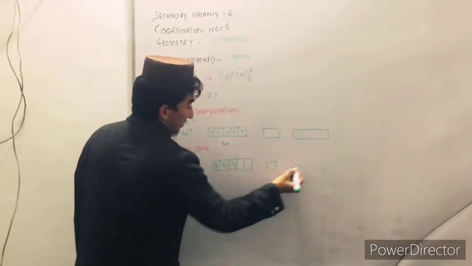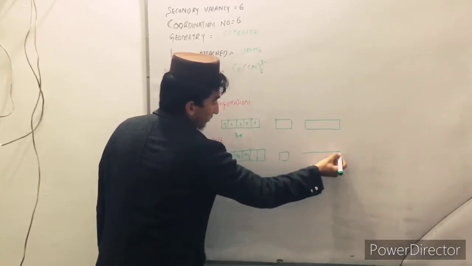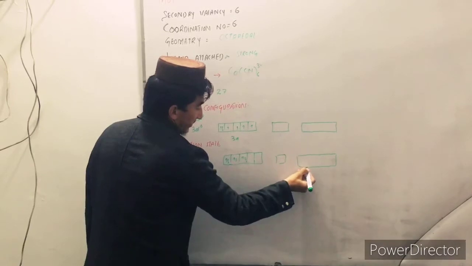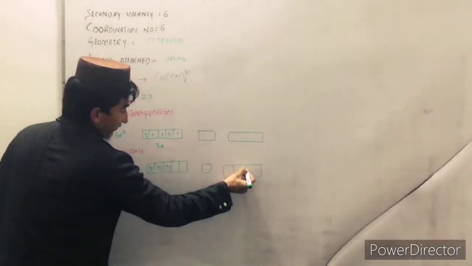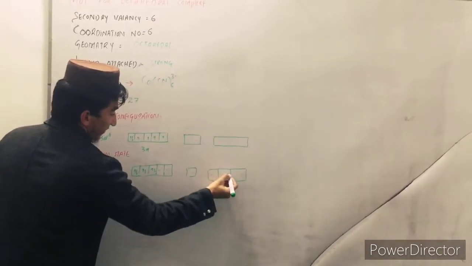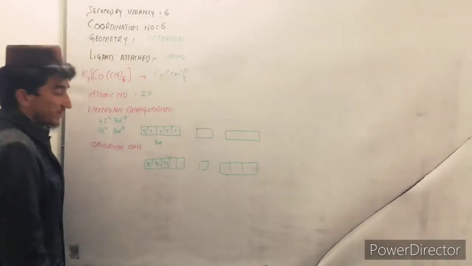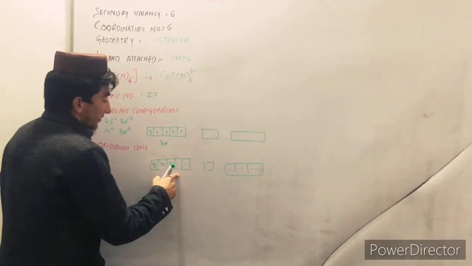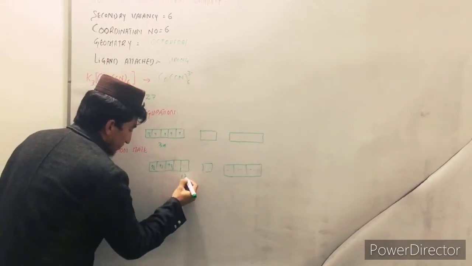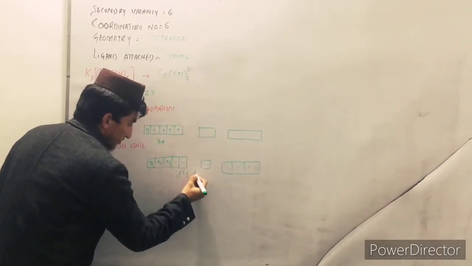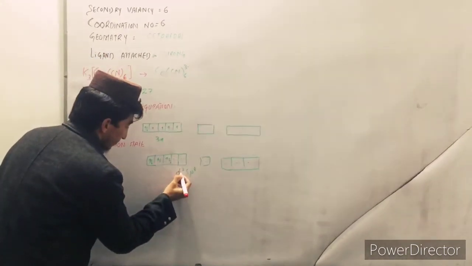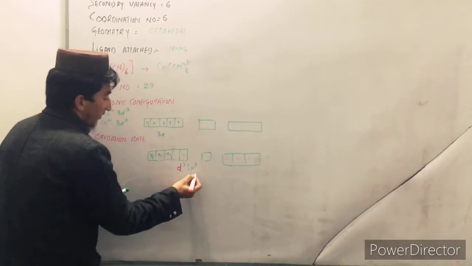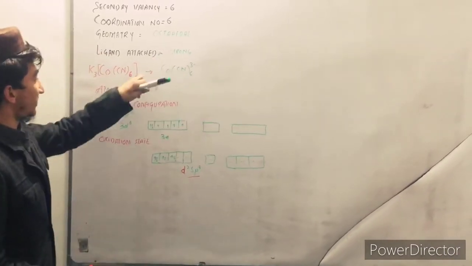As you know, there are 6 orbitals, so the ligands will donate their electrons in these 6: 1, 2, 3, 4, 5, 6. You know that this electronic configuration and this hybridization is d2sp3. This is the hybridization for this octahedral complex.